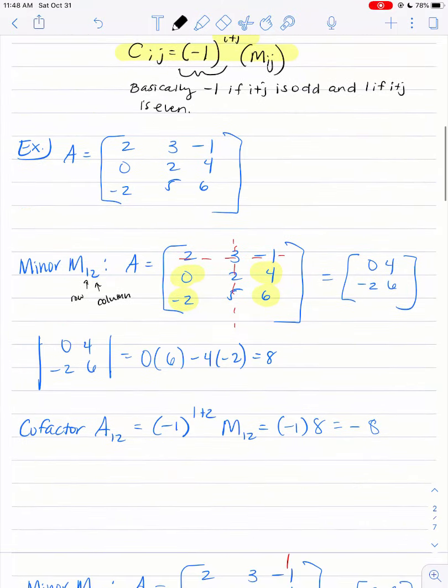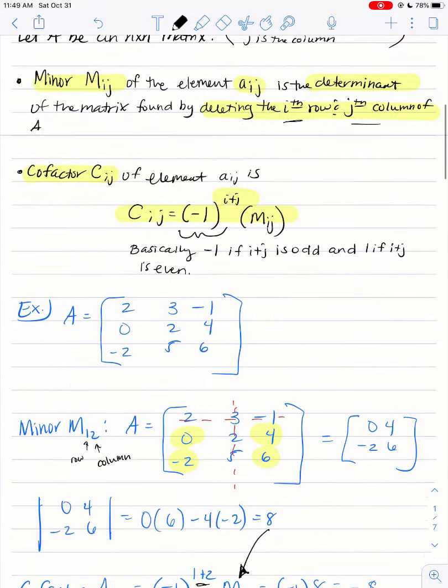I'm going to plug this in, because that's our determinant. 1 plus 2 is 3, and -1 to the third power gives us -1. So -1 times 8 is -8. That's our cofactor.